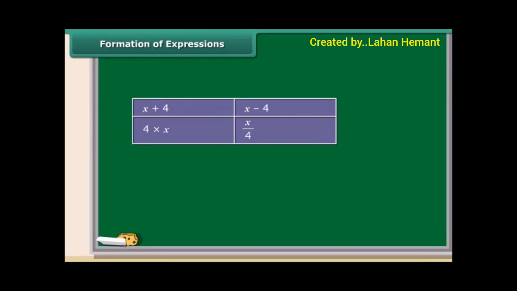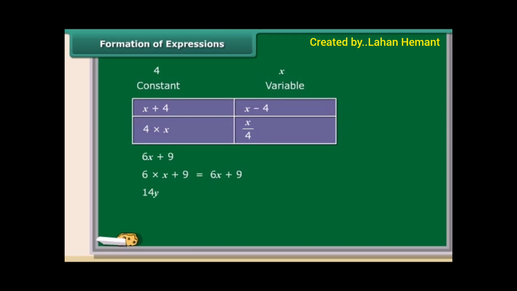Algebraic expressions are formed by combining variables and constants with the help of addition, subtraction, multiplication, and division. Let us see how the algebraic expression 6x plus 9 is formed. It's really simple. First, multiply variable x with constant 6. Then add a constant 9 to the product.